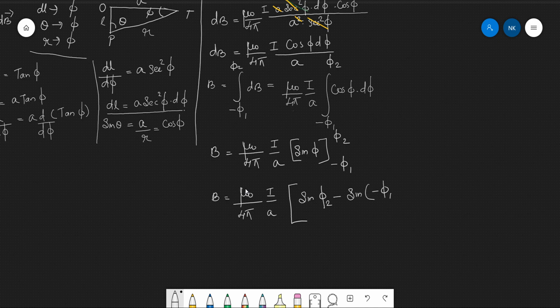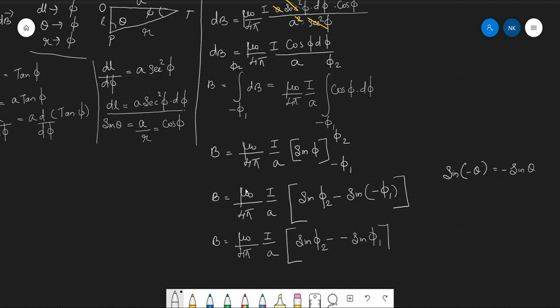of minus phi 1. You know that sin of minus theta means minus sin theta, so here this will become B equals mu naught by 4 pi I upon a into sin of phi 2 minus of minus sin of phi 1, that will give the final expression as mu naught by 4 pi I by a into sin of phi 1 plus sin of phi 2.